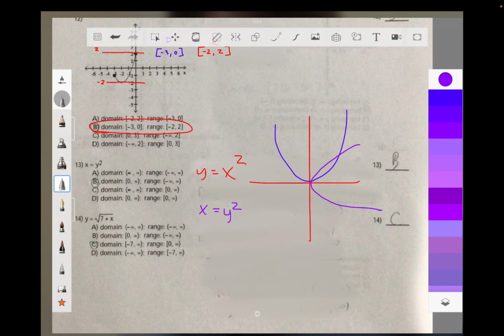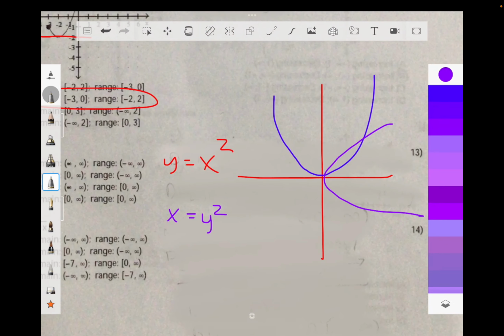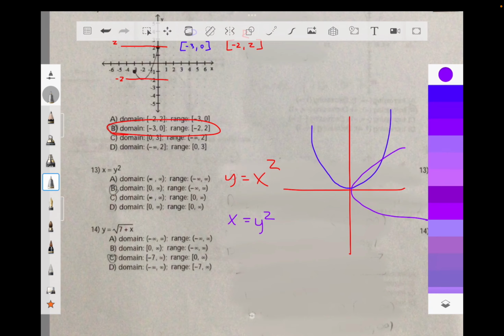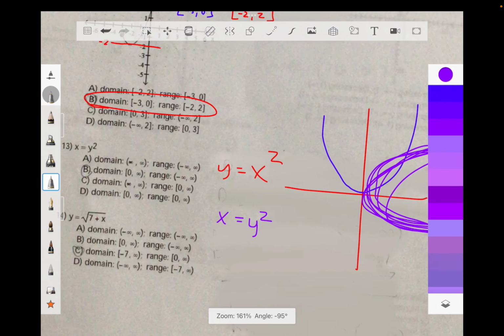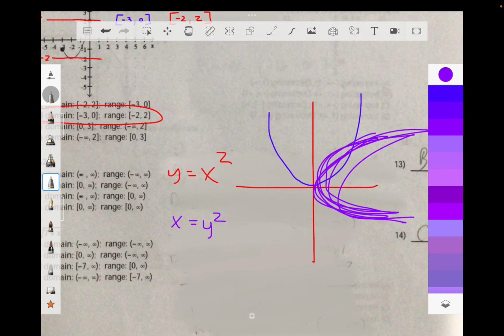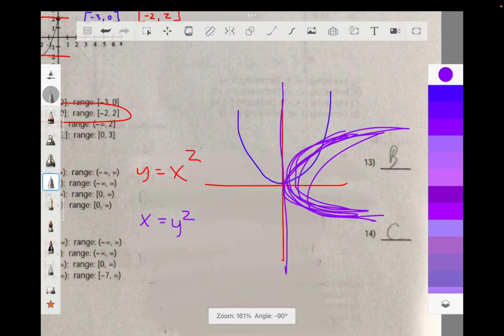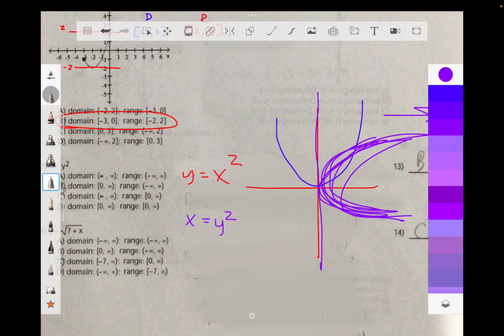So, with that being said, we're focusing on the purple one, this one right here. It hits the origin. This part is its domain, and it goes towards infinity that way.